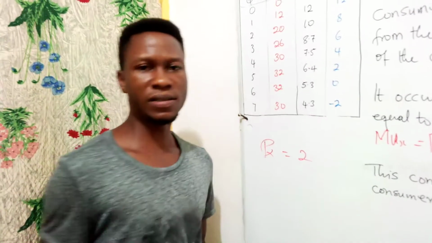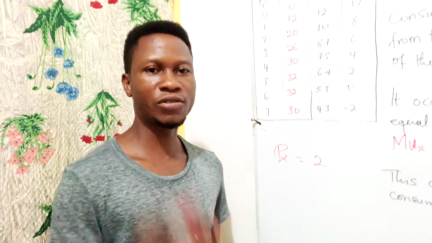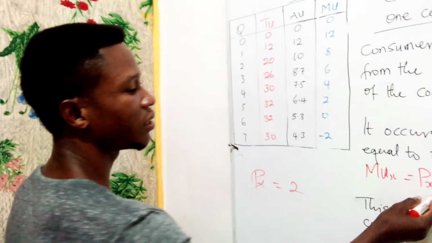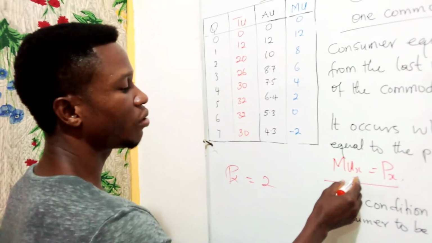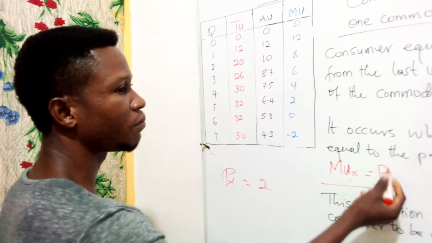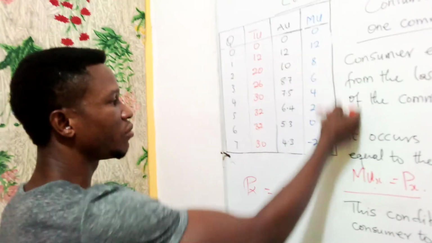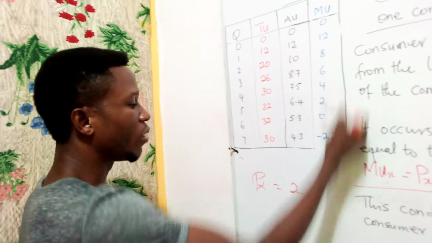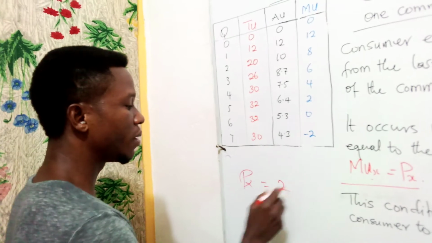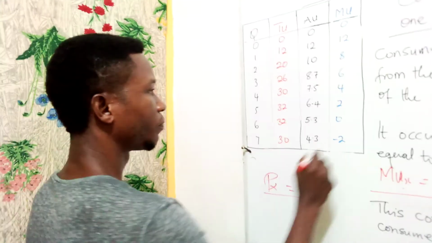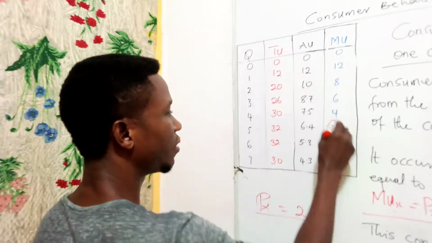How many units would the consumer buy to be in equilibrium? Now let's go to the table. The condition says that marginal utility of commodity X must be equal to the price of X. So we need to go through the marginal utility where we have 2. Remember, since the price is given, it is fixed. So now we have our marginal utility here, 2.